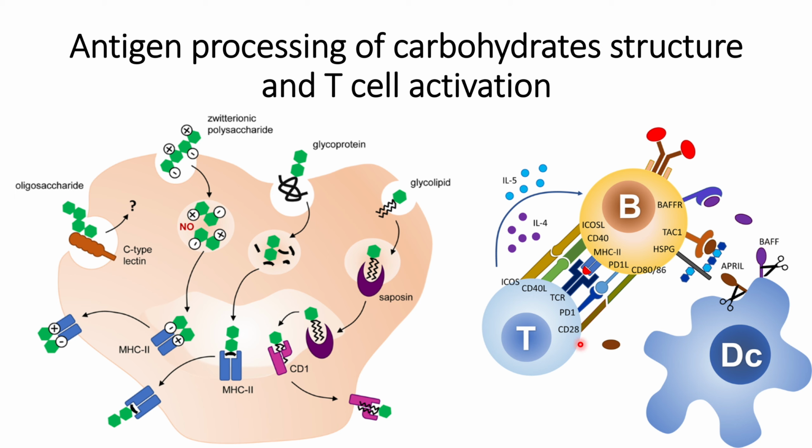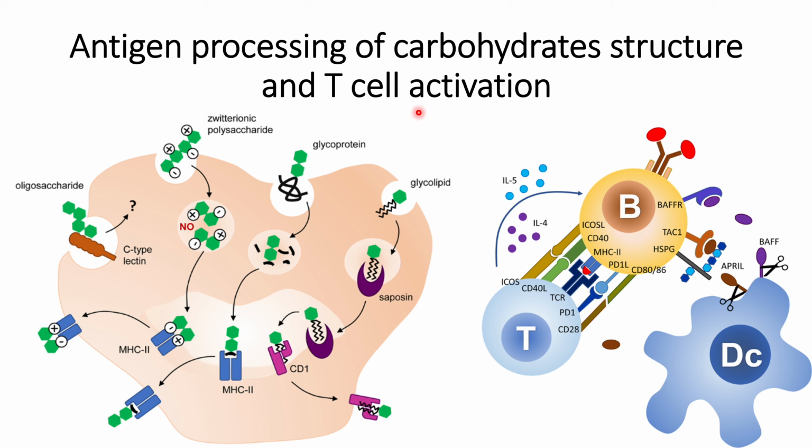This is how the B cells can be activated via T cells or via dendritic cells. The T cells and dendritic cells get activated through the expression of the antigen, either by major histocompatibility complex 2 or by CD1.